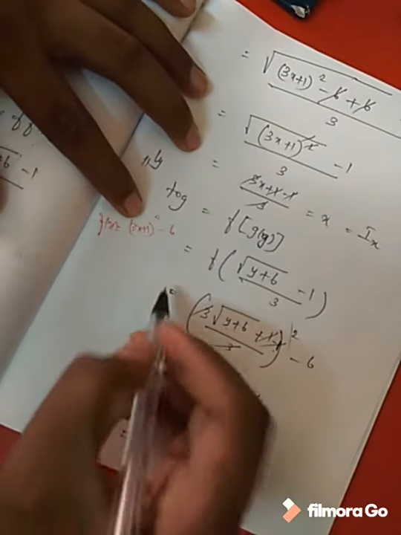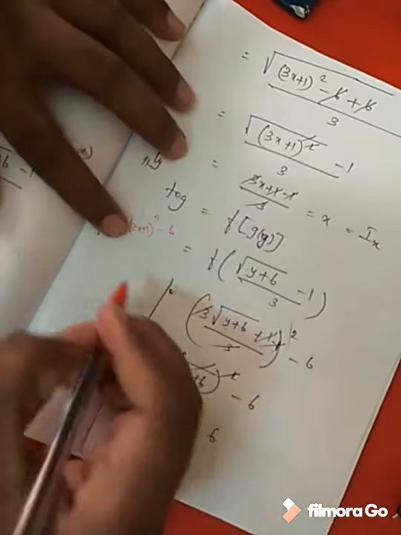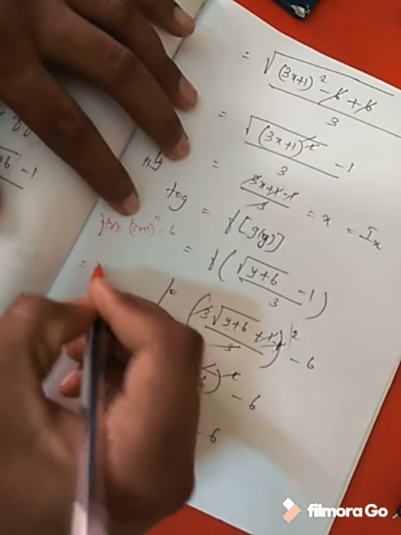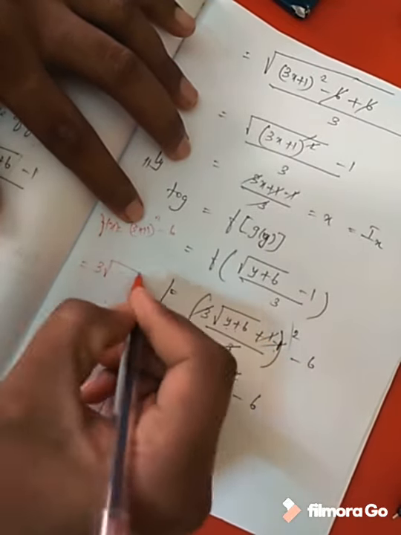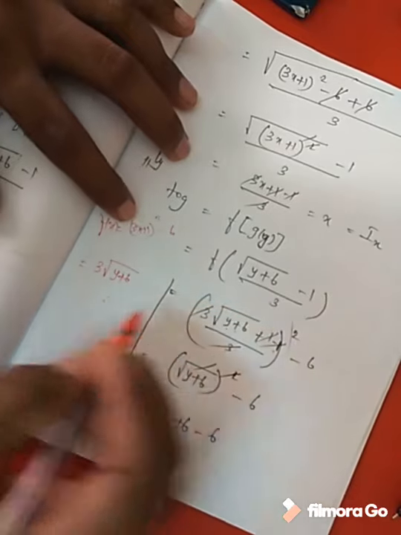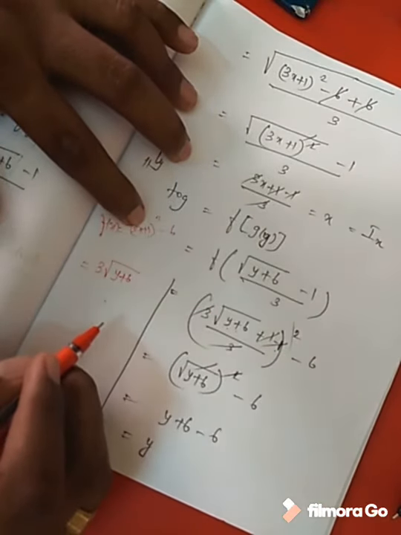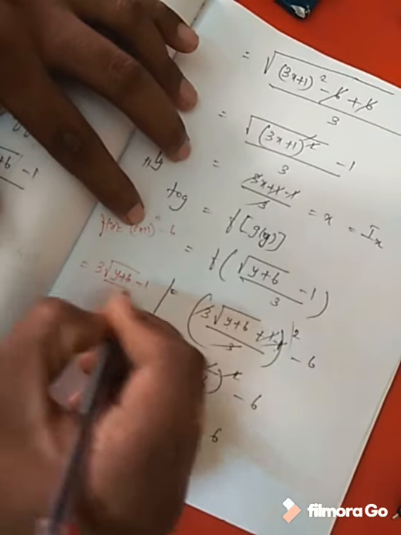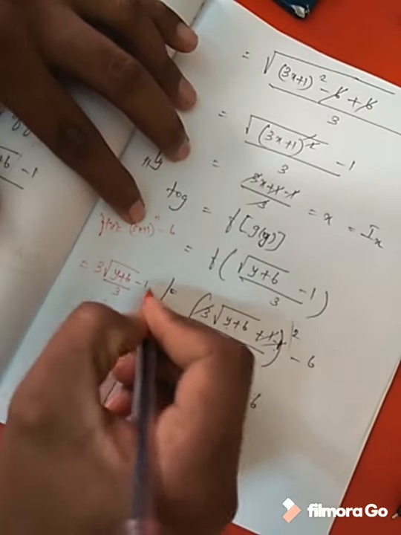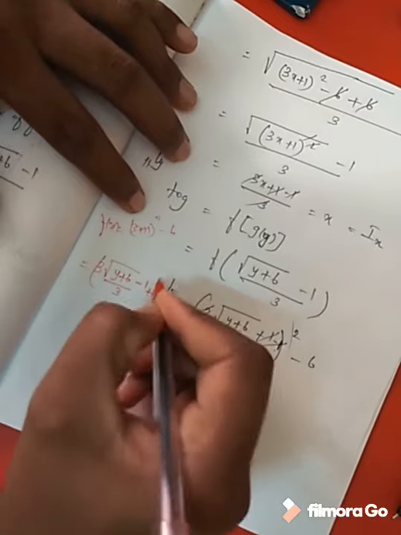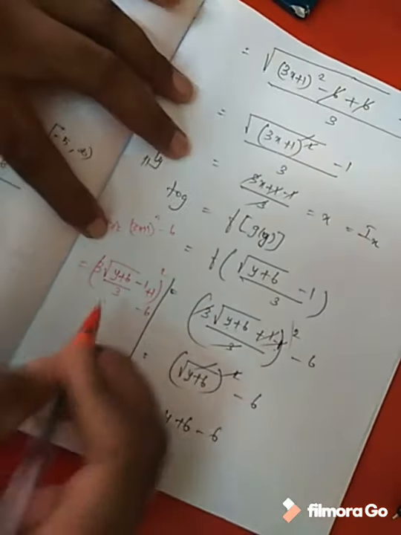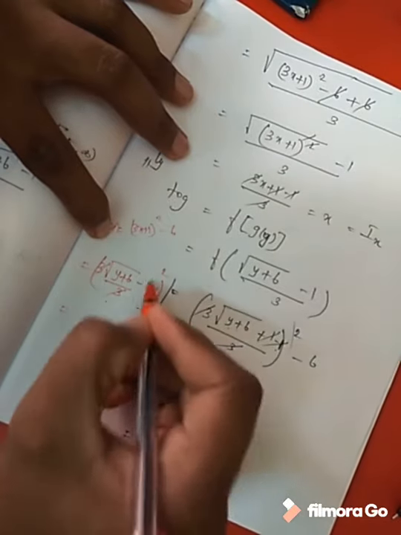Okay, here one more time the same step. This is 3 into (root of y plus 6 minus 1) by 3, then I have plus 1, the whole square minus 6. So I can cancel this 3 and 3, minus 1 and plus 1.